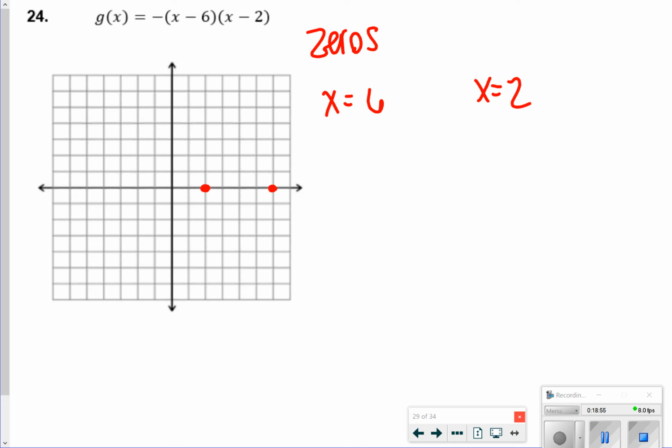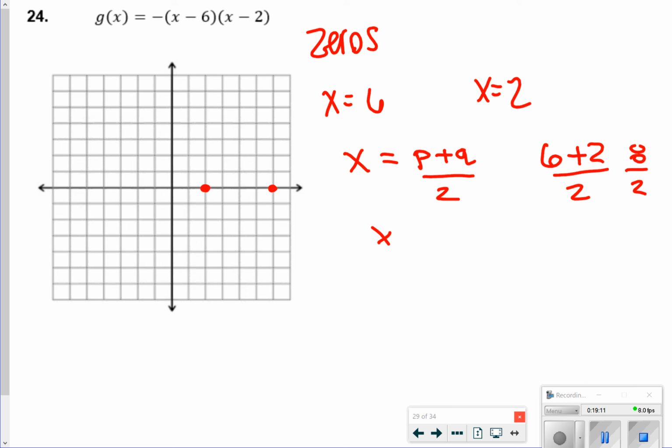So what we need to do is find the vertex. Remember, we can find the vertex by finding the average of p and q. So p plus q divided by 2. That would be 6 plus 2 divided by 2, or 8 divided by 2, which is equal to 4. That's your x value. To find your y value, you just go back and plug it in. So negative parentheses 4 minus 6 parentheses 4 minus 2.